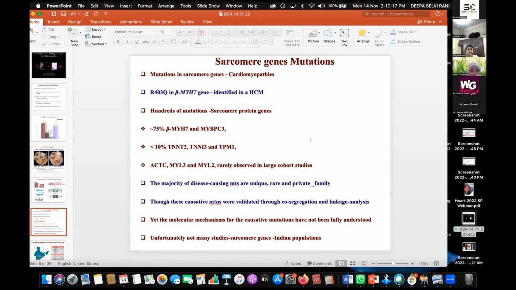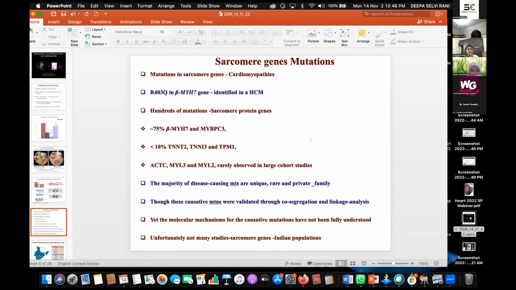The majority of disease-causing mutations, in our study and in the reported studies, are unique, rare and private, occurring in families. Though these causative mutations were validated previously through co-segregation and linkage analysis, the molecular mechanism for the causative mutations has not been understood fully.